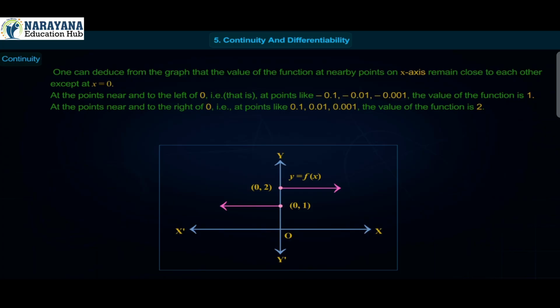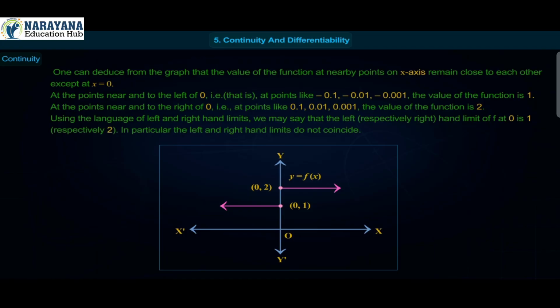At the points near and to the right of 0, that is, at points like 0.1, 0.01, 0.001, the value of the function is 2. Using the language of left and right hand limits, we may say that the left, respectively right hand limit of f at 0 is 1, respectively 2. In particular, the left and right hand limits do not coincide.